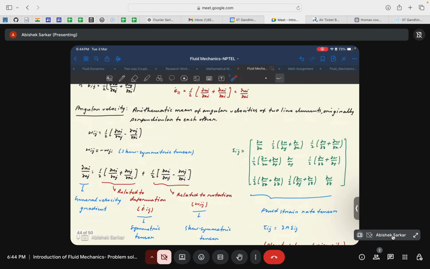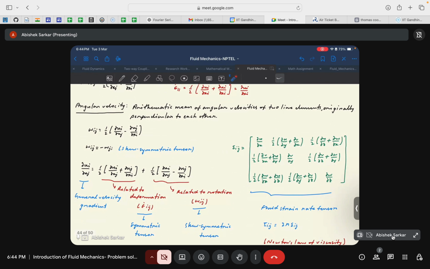Similarly, now we can define the angular velocity, which is the arithmetic mean of the angular velocities of two line elements originally perpendicular to each other. If you do that, you will get something like omega ij is equal to half times (∂ui/∂xj minus ∂uj/∂xi). It is understandable that students might get confused with this relation, so just be sure not to mess it up.